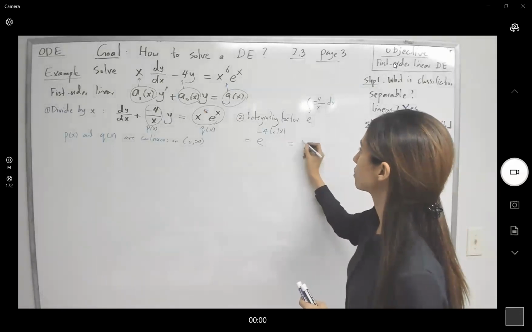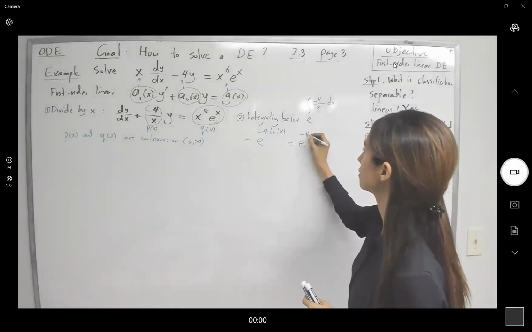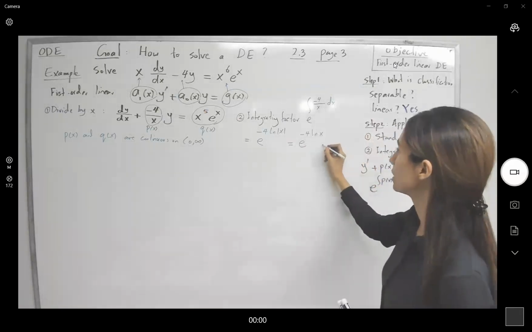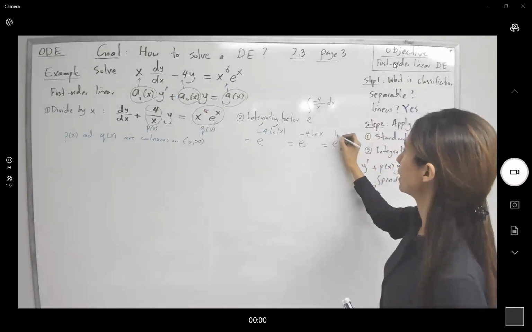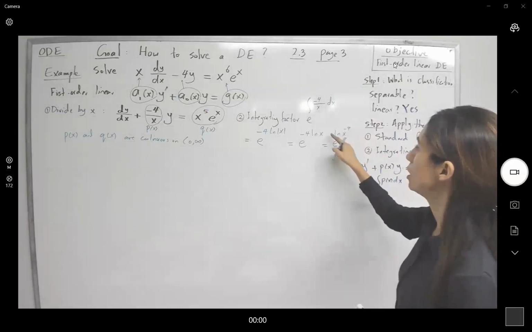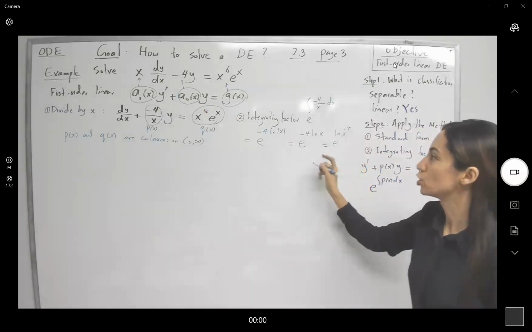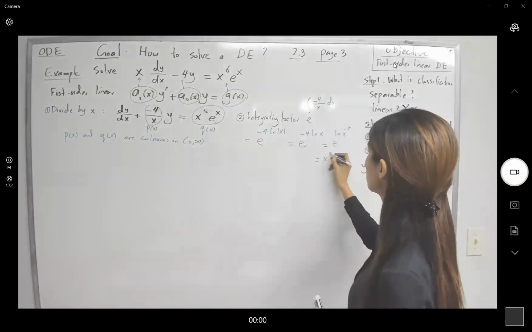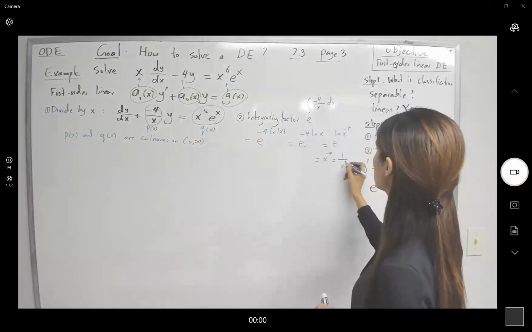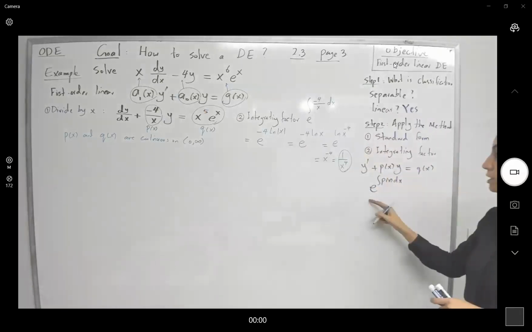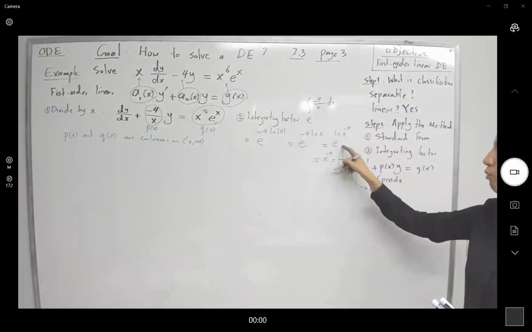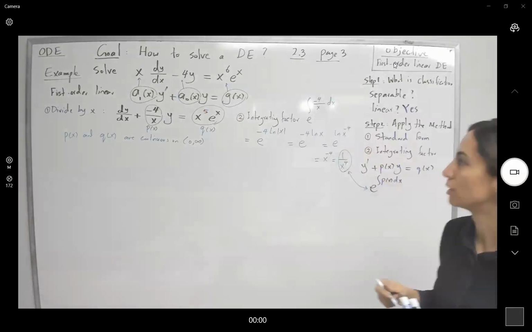The integrating factor becomes e to the negative 4 ln of x. Going back to algebra, this becomes e to the ln of x to the negative 4. You can cancel out e and ln, so your integrating factor becomes just x to the negative 4, or 1 over x to the 4th. This is our integrating factor.